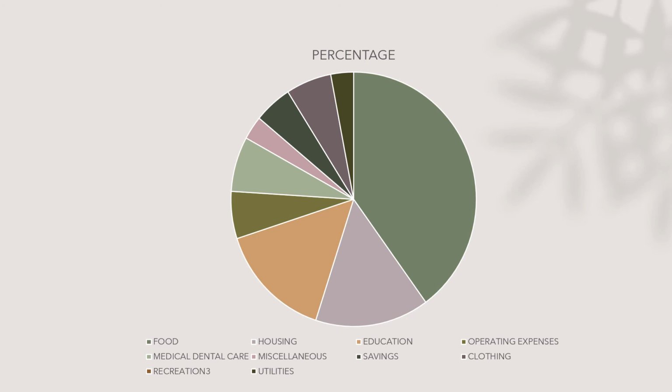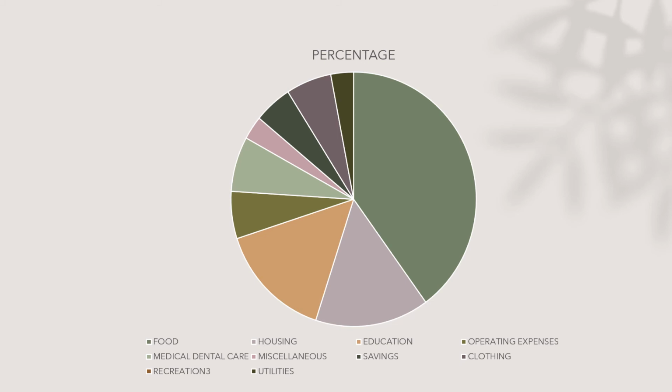If you would look at the pie chart, you will see that every aspect or every need of the family is being budgeted. So there are times that you might not receive the things that you want. But when you try to look at it, you will say that is good because at least I have food, or at least I have money for medical and dental care.